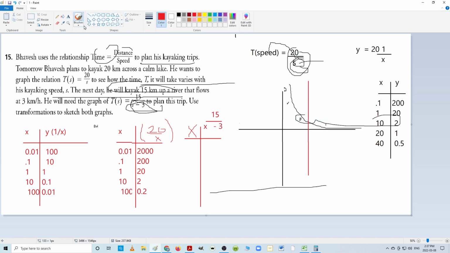So instead of figuring out those numbers like I did here, I would just multiply my y values by 15 and add 3 to all my x values. So my x values are going to become this.